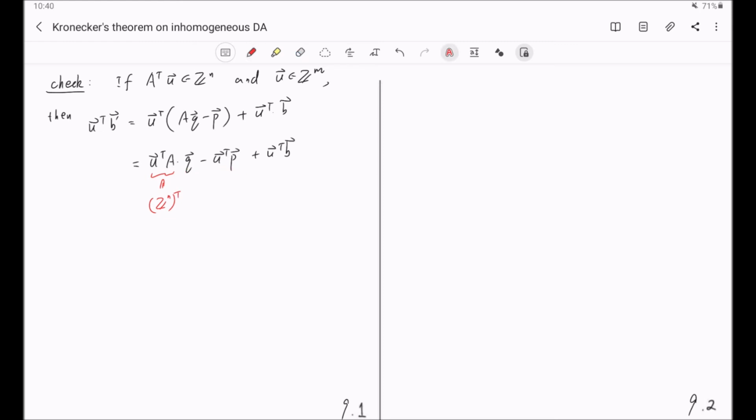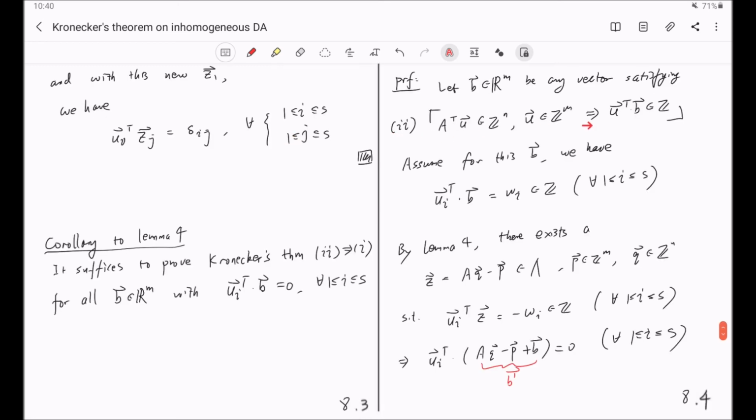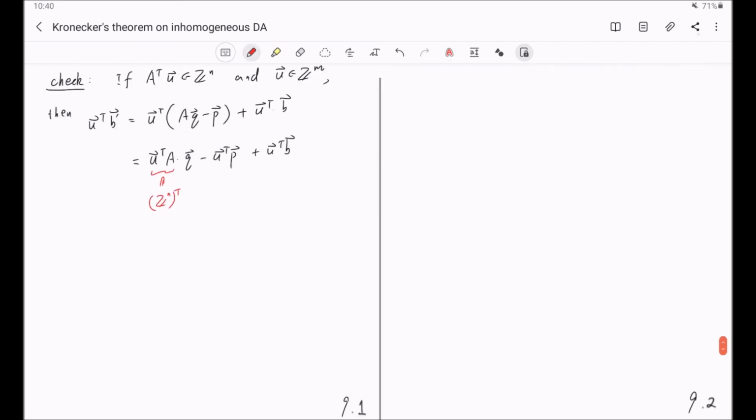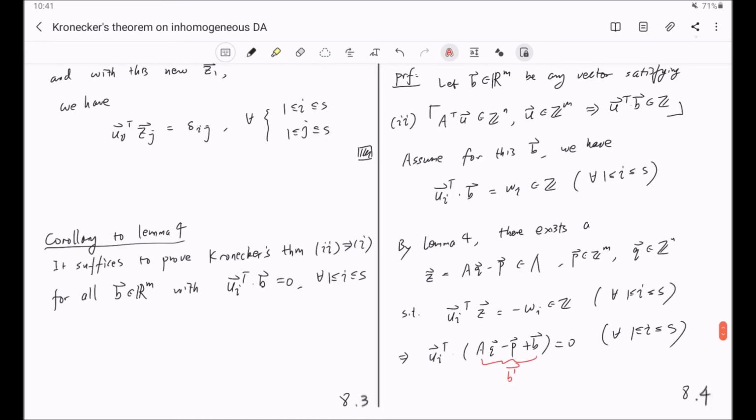Therefore, because p and q are both integer valued, this whole thing is an integer. And this is an integer by our assumption above. So this whole thing is an integer. Therefore, b prime satisfies all of our hypotheses for this corollary to lemma 4.